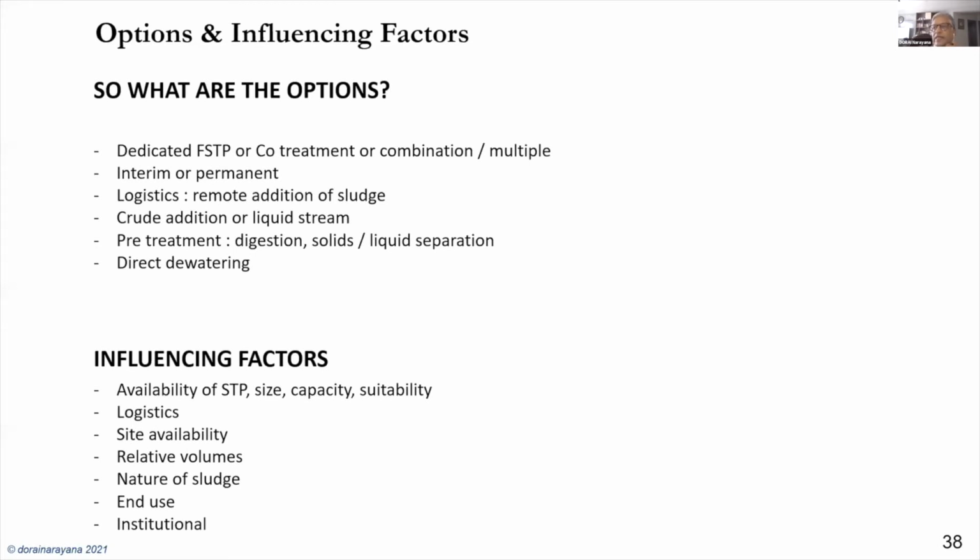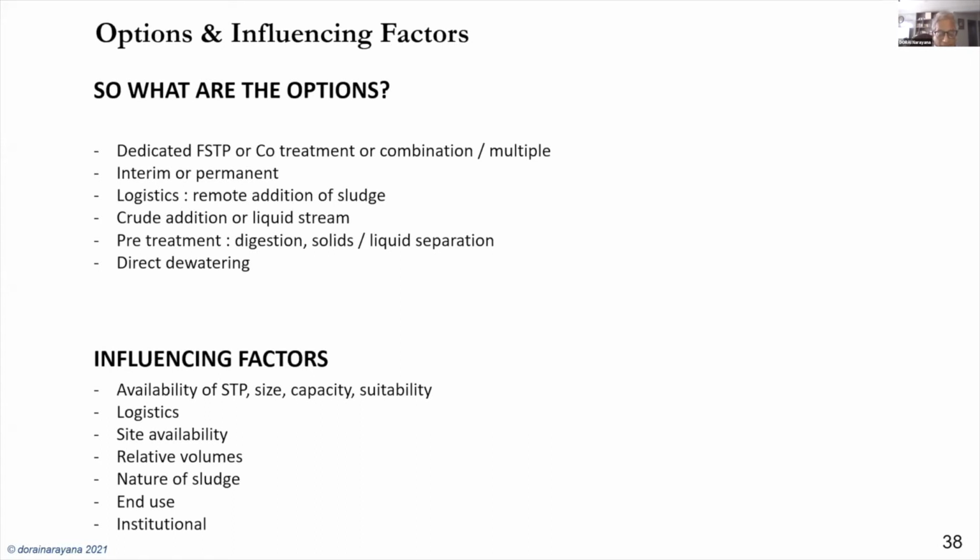Because if there is some toxic substance in the sludge that is being brought in by the tankers, and that ends up in the sludge in the STP, and as a result of that, your end product, your biosolids produced in the STP becomes contaminated and unfit to be used for certain purposes. For example, you may be using it as an agricultural soil replenishment or some kind of thing like that. The biosolids then become unsuitable for that purpose.